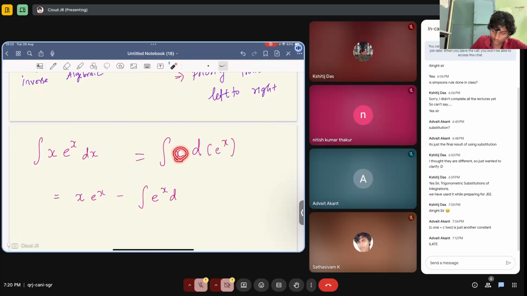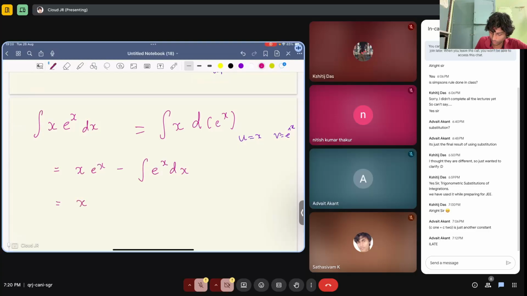Our u is x, our v is e power x. This again will become just a dx, and this integral is easy to do. It's nothing but just e power x, and then put a c here.